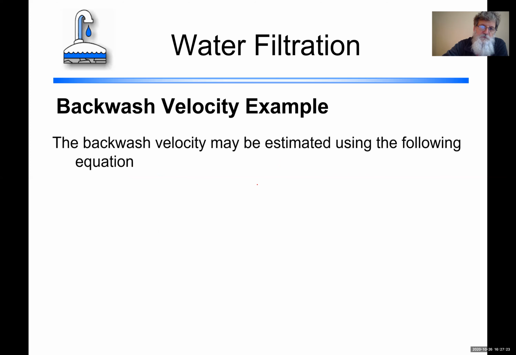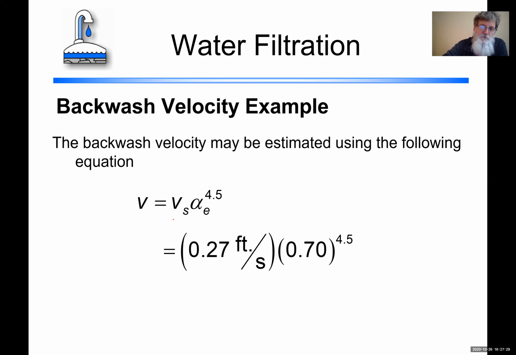So the first thing we'll do is calculate the backwash velocity. So our right-hand side, there's our settling velocity, which was given, 0.27 feet per second. And then there's our expanded porosity. That's the design. That was 0.7. Now, I've seen this happen quite a few times, so I'm going to tip you off.